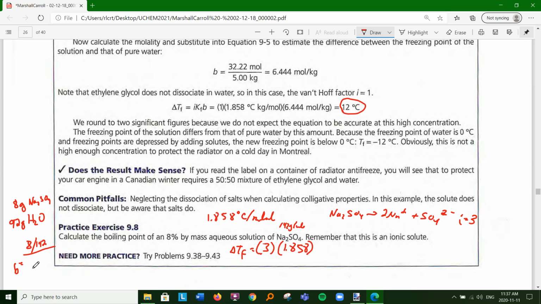Well, I got 92 grams of solvent, so divide by 1,000 to get kilograms. So that's the little trick you do when you have mass percents. 8 divided by 142, and all that divided by 0.092, 0.61 molal, or 0.612, fine. So that times 3 times 1.858 is 3.41.